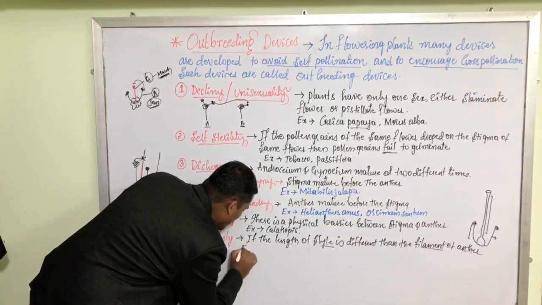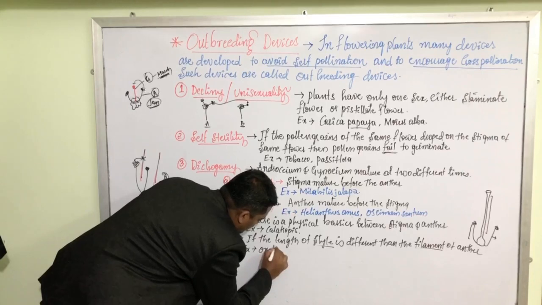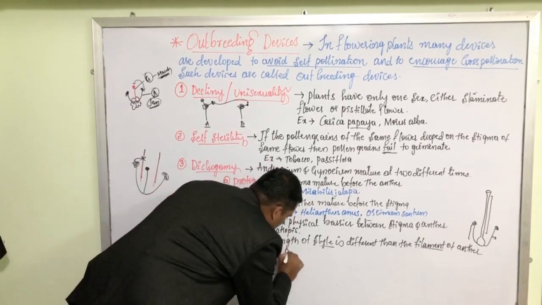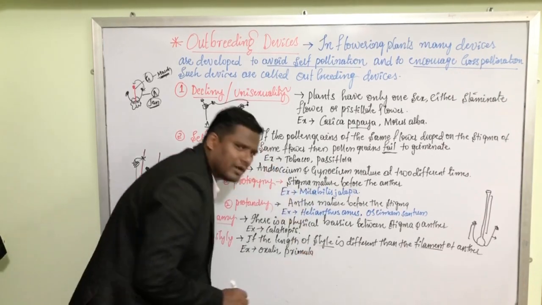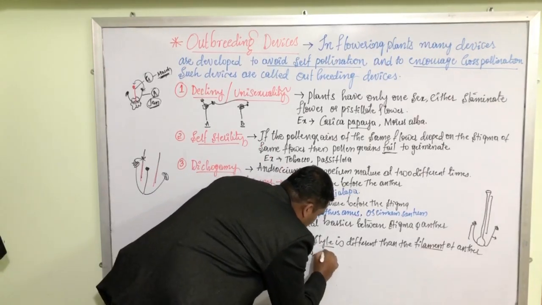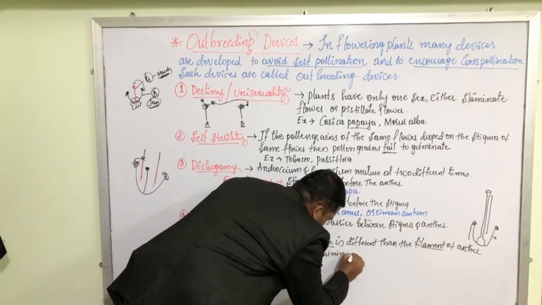The best example is Oxalis. Then Primula, commonly called primrose. Then Jasminum, the jasmine plant.